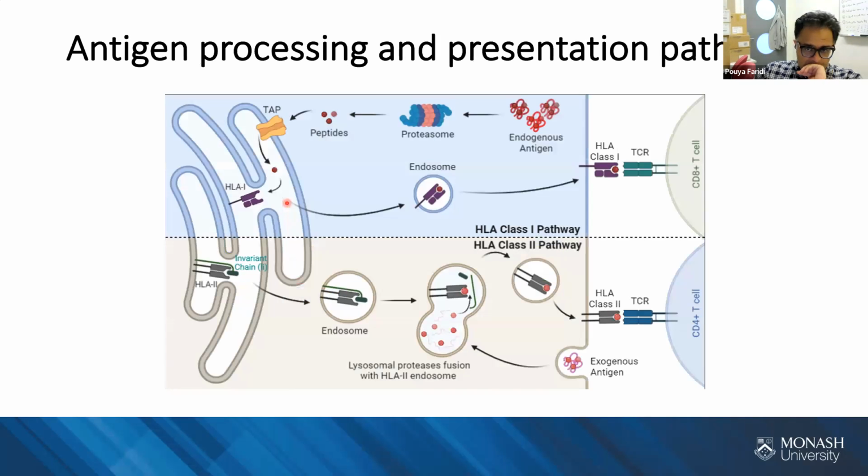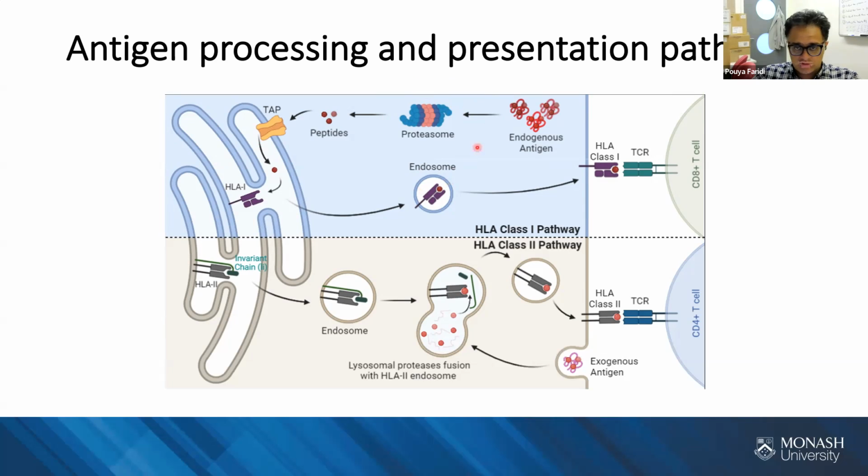What I want to talk more about today is what we are doing on the antigen processing and presentation pathway. This is a pathway that tells the immune system what's going on inside the cell. All the endogenous antigens that we have in the cell, when we don't need a protein anymore, go through a process called protein degradation.